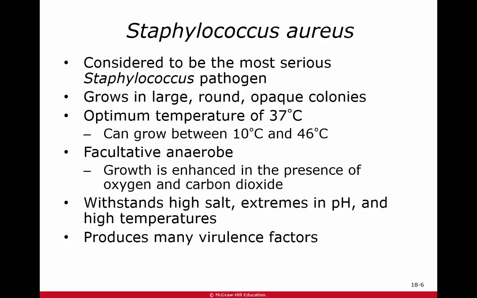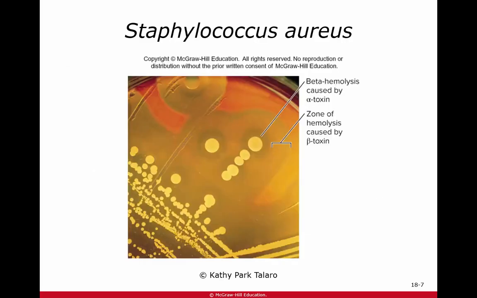Grows best when you have oxygen and carbon dioxide. It can withstand salty environments, extremes in pH, and high temperatures, and there are many virulence factors associated with Staph aureus. This is what it looks like. You can see the hemolysis that's happening there, caused by the toxins.